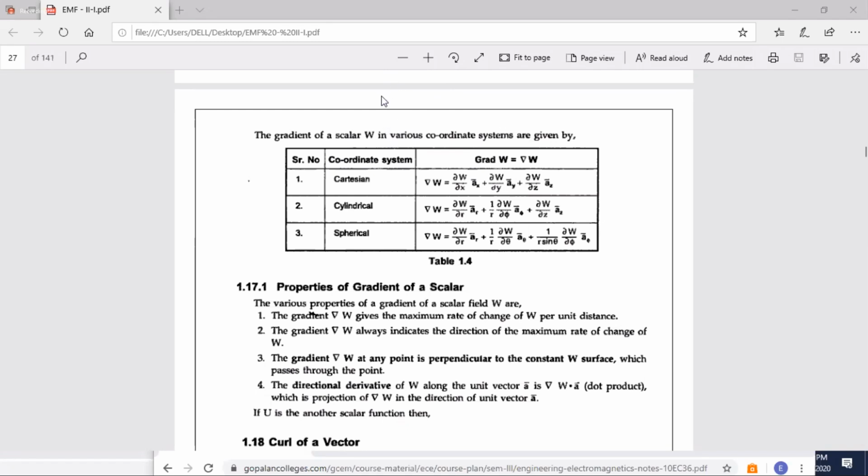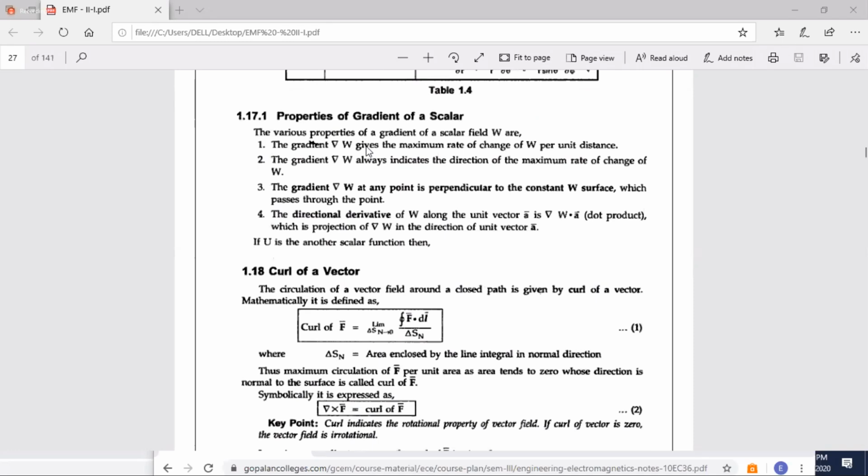So actually, a 12 volt battery has a gradient of 12. I don't know if you're familiar with Kirchhoff's current and voltage laws and all of that. Yes, sir. They are all derived from electromagnetic principles, which I will show to you.